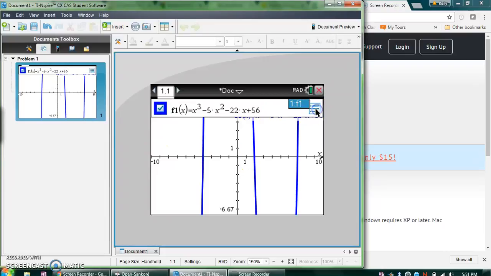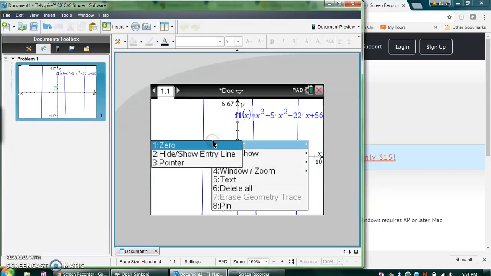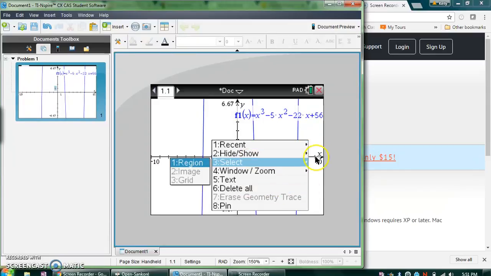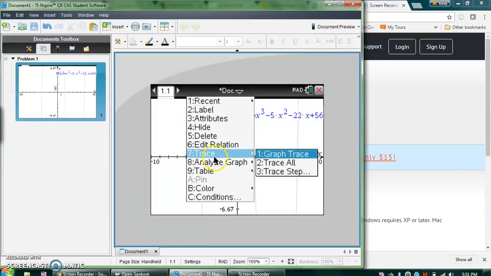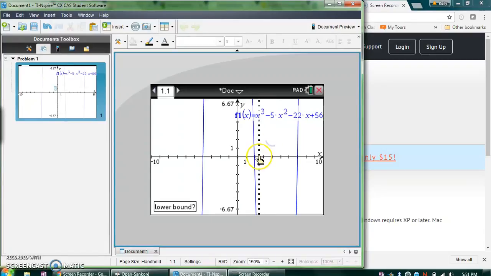You can use the Analyze Graph functionality on your menu, choose zero, and zoom in on a section and it'll show you the zero. So there's a zero at (2, 0). So I know 2 is a zero, and I'm going to figure out what these other 2 are. It looks like they're at 7 and negative 4. I'm going to see if that's really what those are.